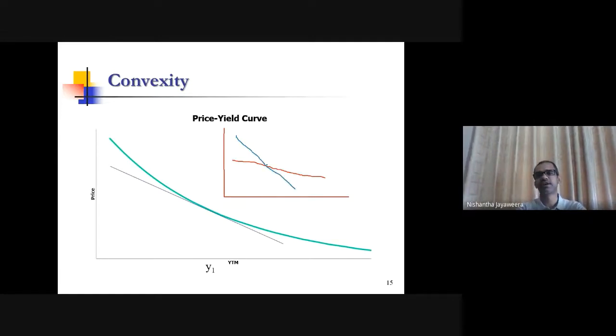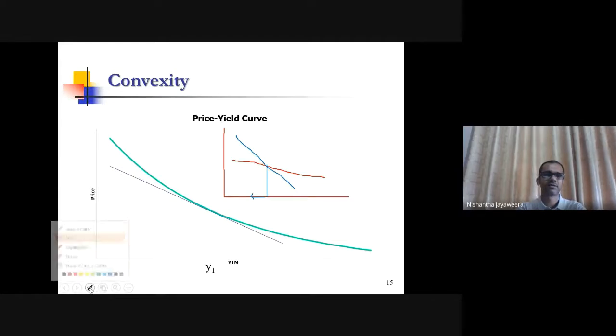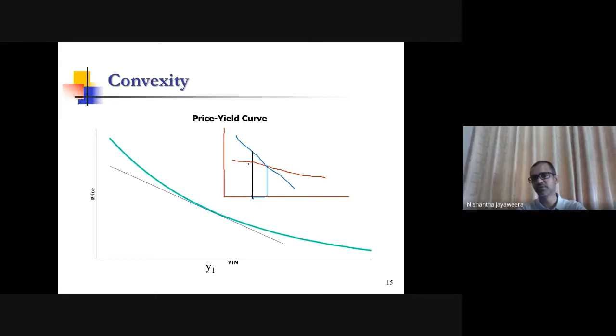Assume now we are at this point. If the yield changes to here, you can see that on the red line the price changes only by a small amount, but on the blue line it changes by a large amount, because the slope of this line is higher than the slope of that one in absolute terms.